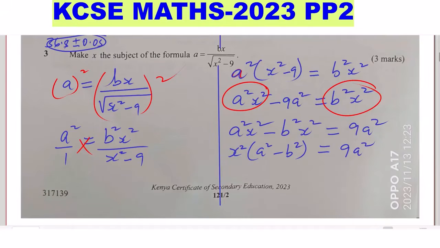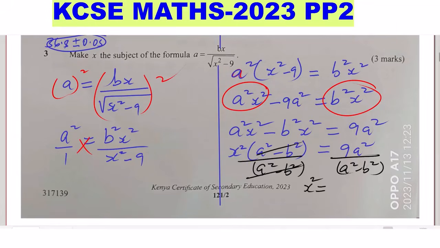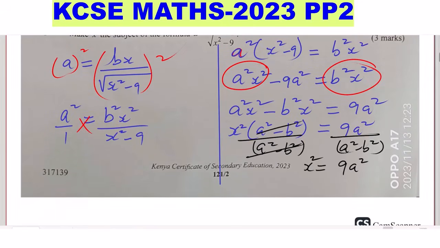To remain with x squared, divide both sides by a squared minus b squared. So this one will give you x squared will be 9a squared divided by a squared minus b squared.